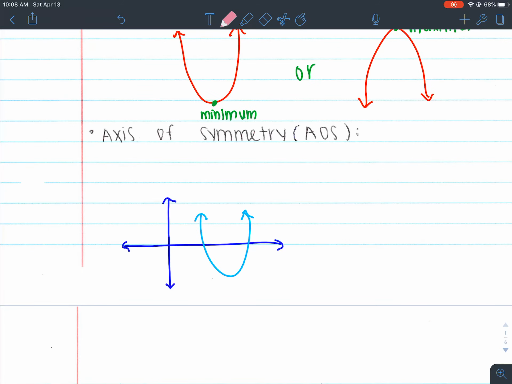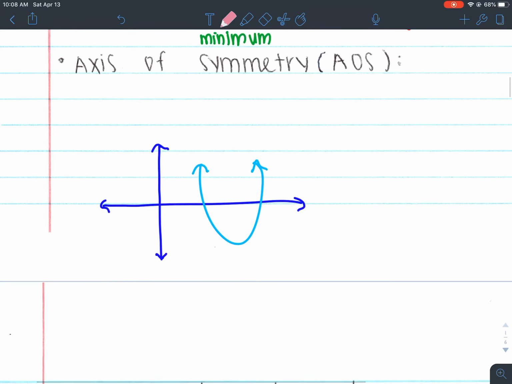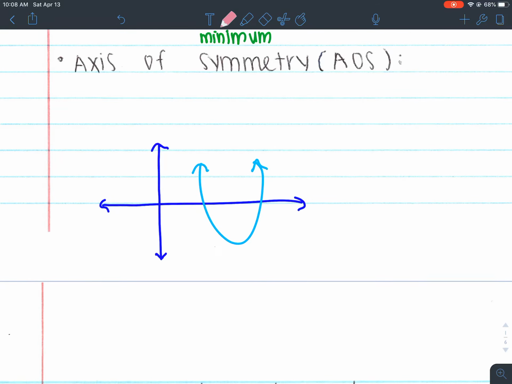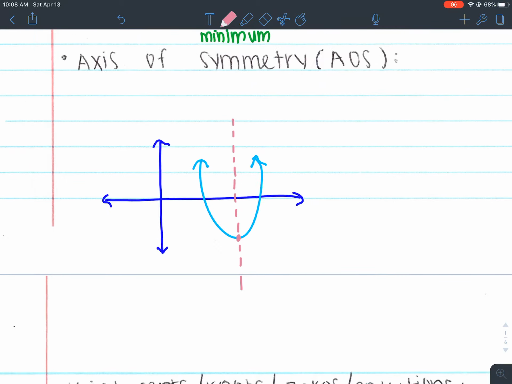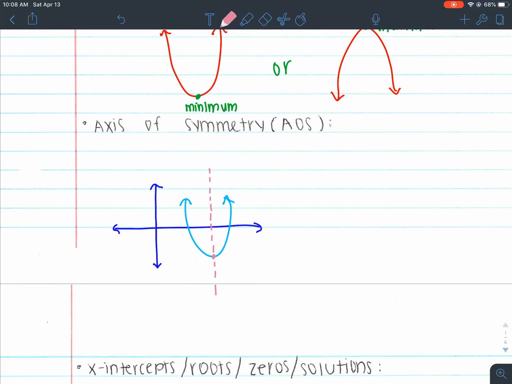It doesn't matter how you cut it in half. Could you cut a heart in half like this? Would that be symmetric? No. Cutting a heart symmetrically means you cut it in halves, but both sides are like mirror reflections of each other. Same thing with the parabola. You want to cut it in half so that it's a mirror image. So you would cut it right down the middle, and it just happens to go through your vertex, because your vertex is like that middle point of the reflection.